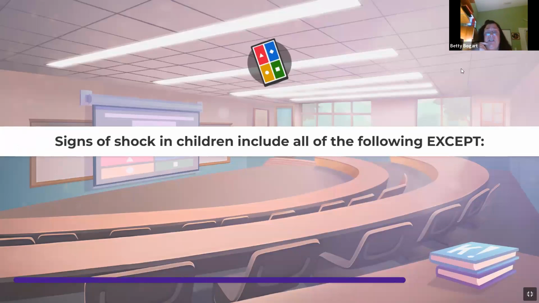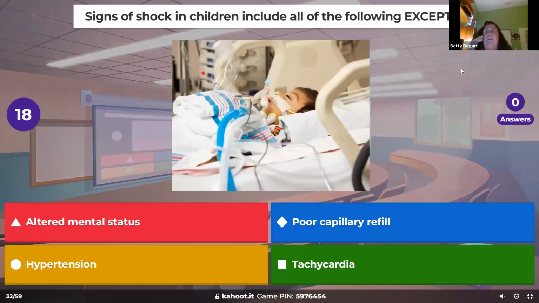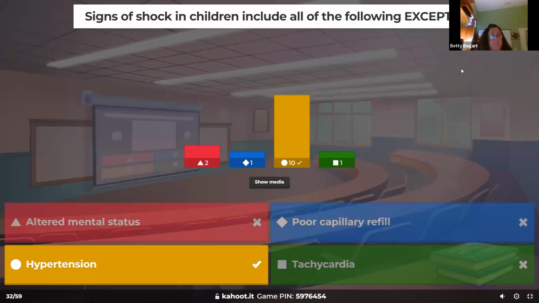Signs of shock in children include all the following except. And it doesn't matter, children, adults. Shock is shock. What isn't there? So shock. You're not going to see hypertension. Let me start listing some of the things you see.